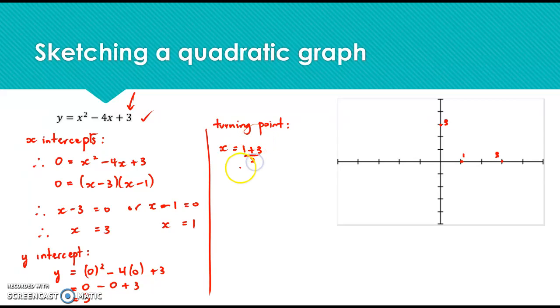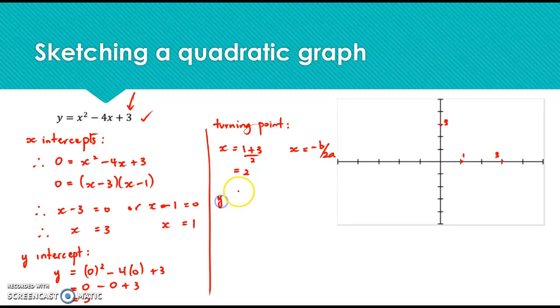And of course if we want to find the halfway point, we just average them. So that'll give us 2. In previous videos we've also used the formula x equals negative b on 2a. And you can use that one, and it too will actually give you the value of 2 for the x-coordinate of your turning point.